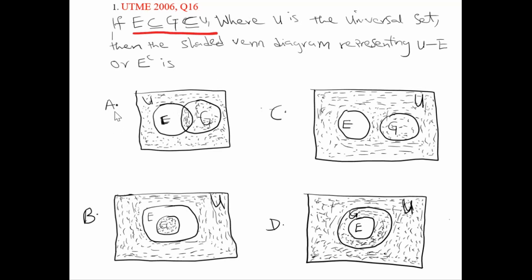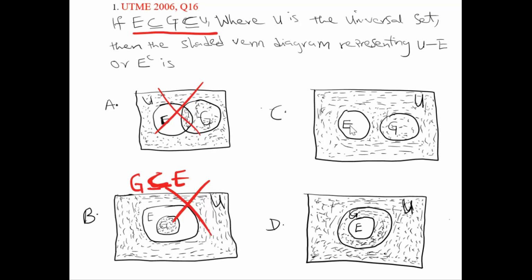So from option A, E is not a subset of G. So this one will not be the answer. Here, B, E is not a subset of G, but the representation shows that G is a subset of E. So this will not go as well.